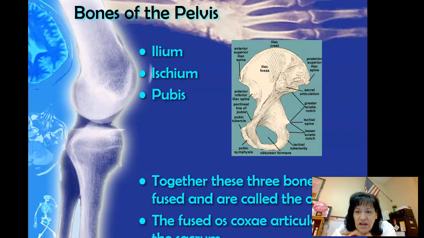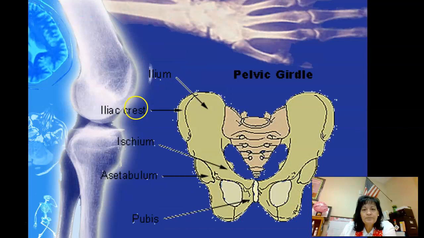So the ilium is the top, the ischium is the back side, and then the pubis is the down front side. So here you go. Here's a better picture of each part of it. Ilium up top, ischium down here, and pubis down here.